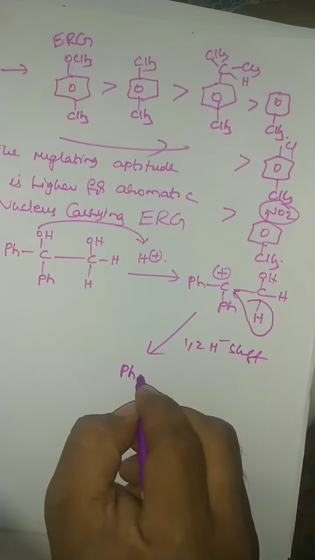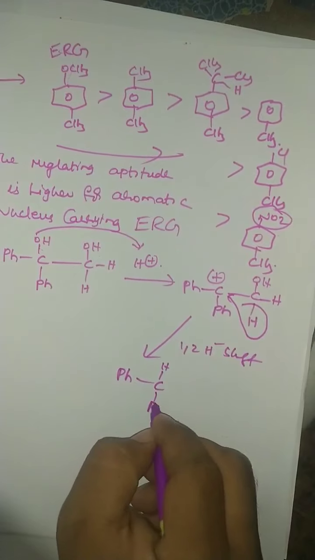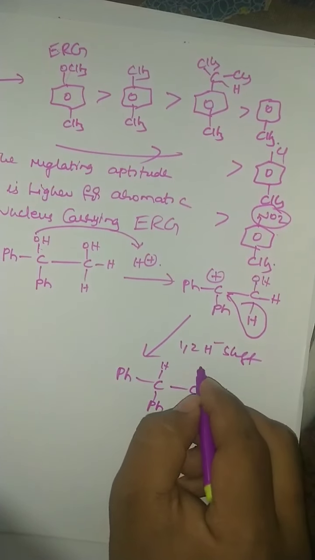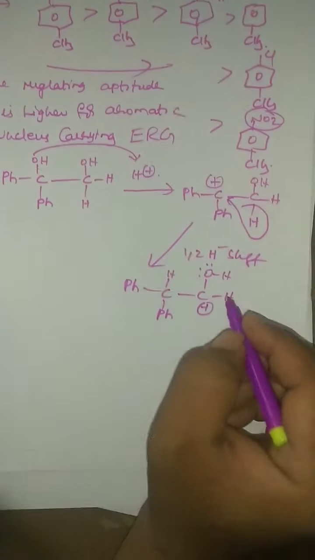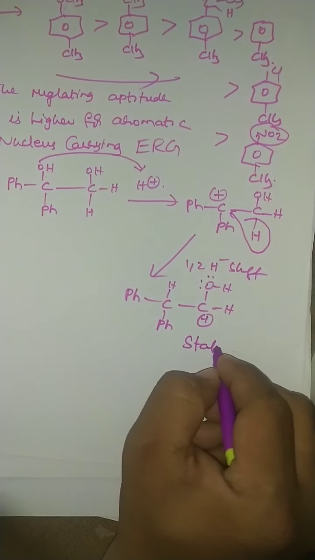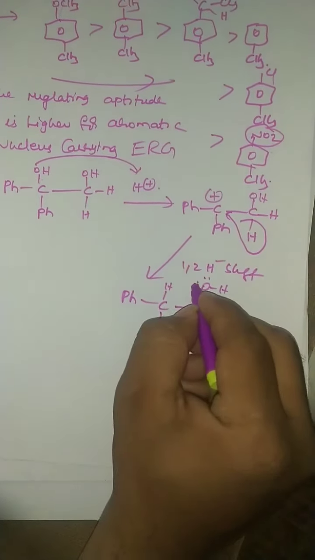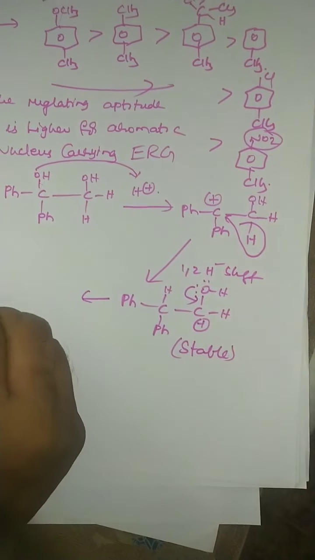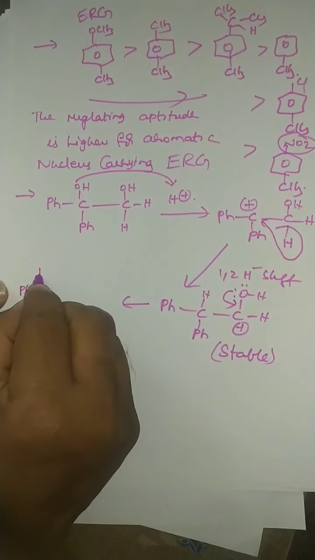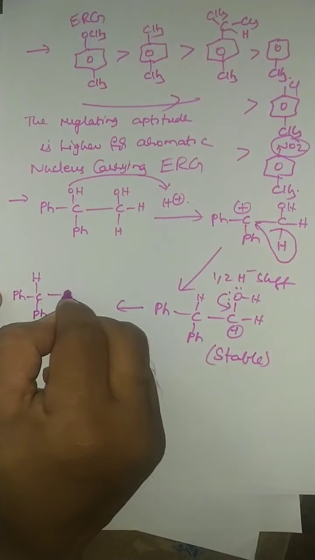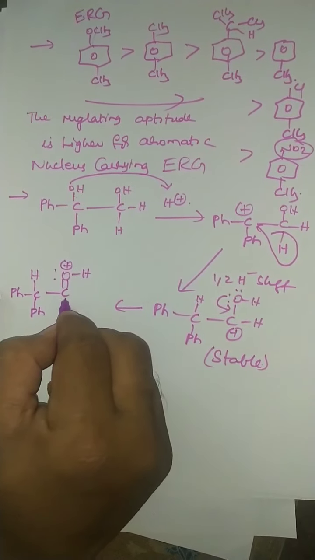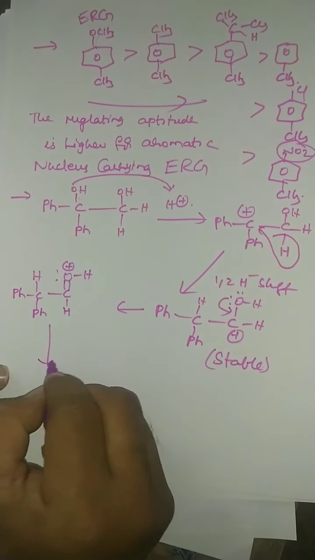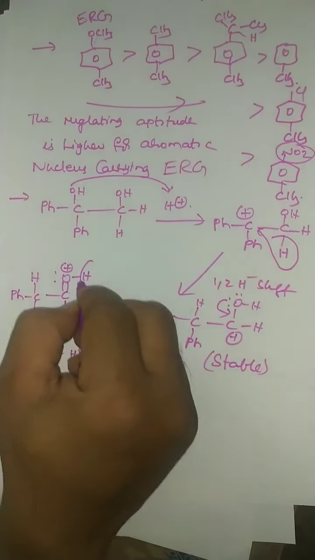So what happens, students? Ph, CH, Ph, C, OH, H, here positive charge. Why is this the more stable carbocation, students? Because of resonance. So Ph, C, H, Ph, C double bond O, here positive, H, H. And in the final step, acid is removed.